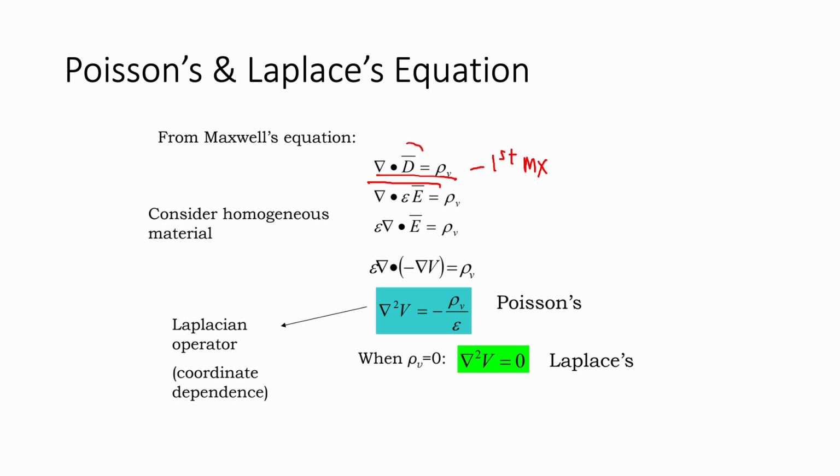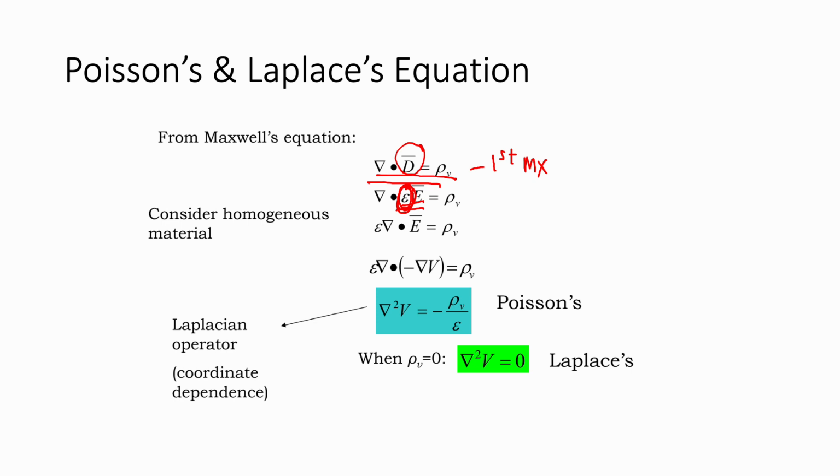We have learned before that this D can be substituted based on Gauss's law, where D equals epsilon E. Before that, you need to realize that this is epsilon, not epsilon naught.